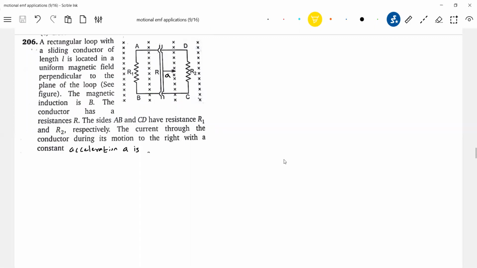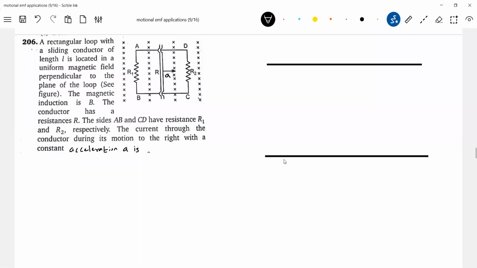The rod is moved with a constant acceleration. B is into the plane. So I'll draw the overall circuit. The circuit appears like this, and there's a rod PQ.